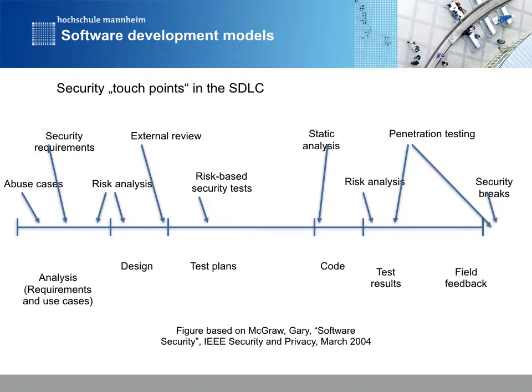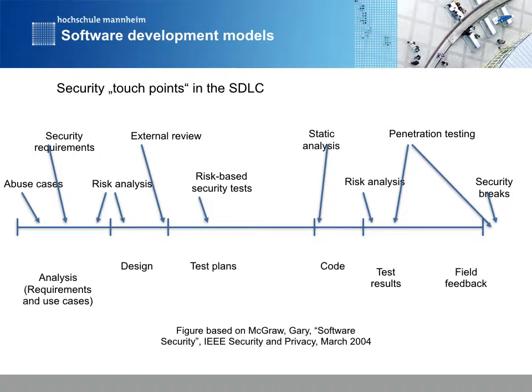Abuse cases are just the other way around: use cases you don't want to have. Then additional security requirements, to explicitly perform at a pretty early stage some risk analysis, so to consider some risks. We will integrate this into the threat modeling. You will see how this works.